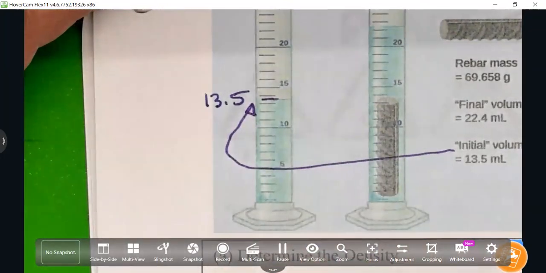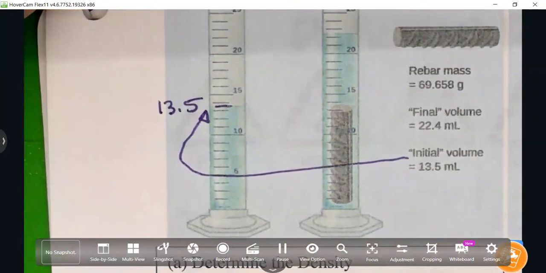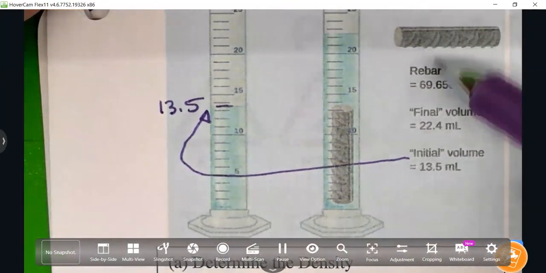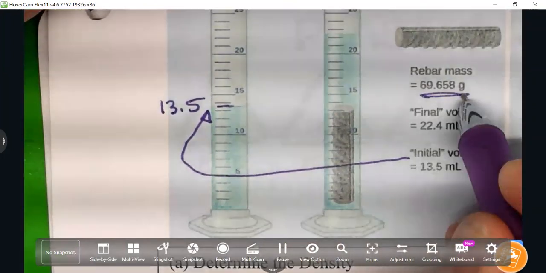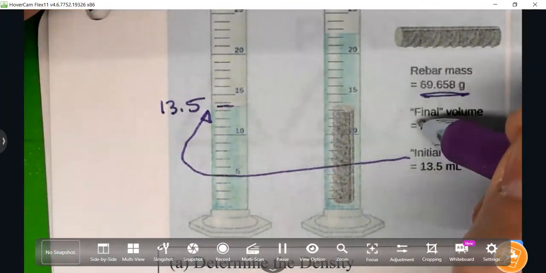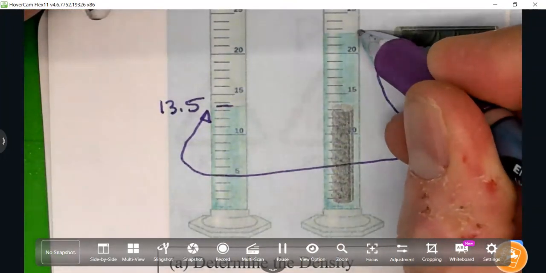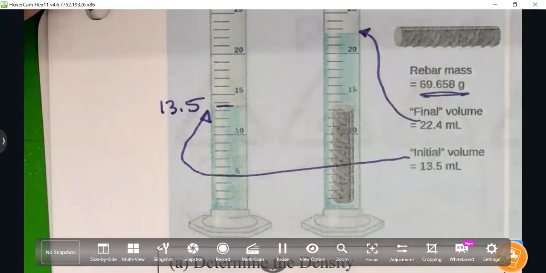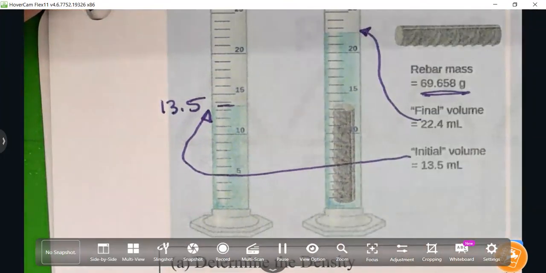The initial is 13.5 milliliters. You put this rebar in there of this mass, and the final volume goes up here to 22.4. So that gives us the exact volume.